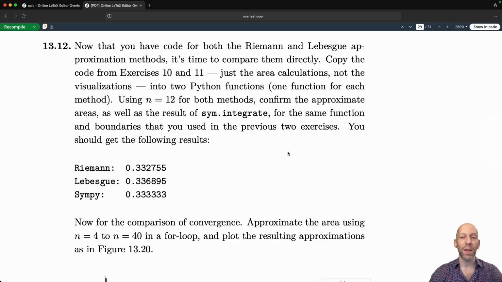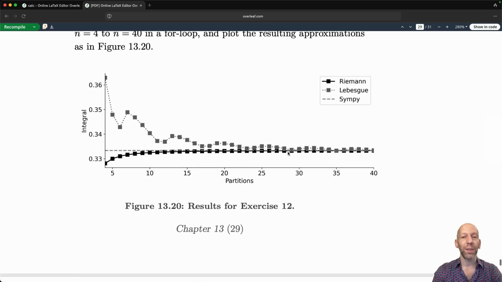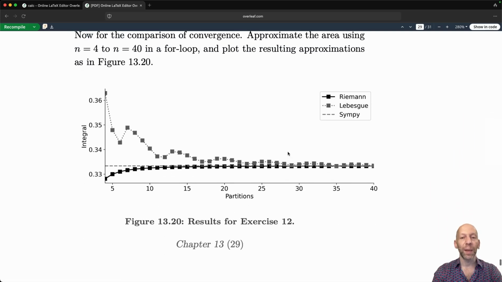First is just writing the code to set up for the experiment, and the second part is to do the investigation, where we increase the number of partitions, so we increase the resolution either of the domain for the Riemann sum or the range for the Lebesgue approximation. And we see how these two compare as we increase the number of partitions.